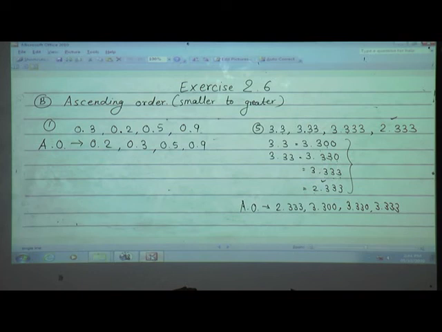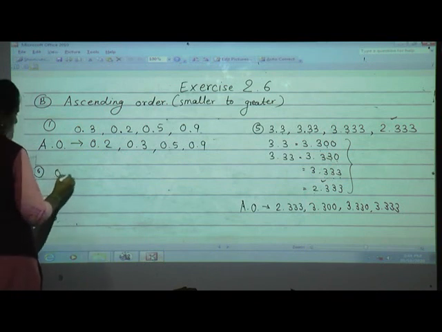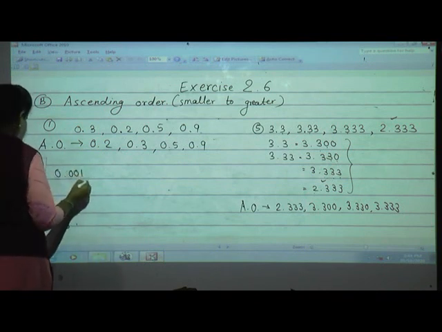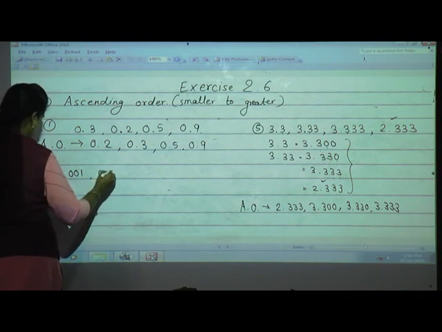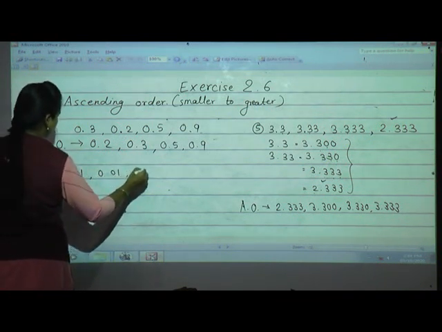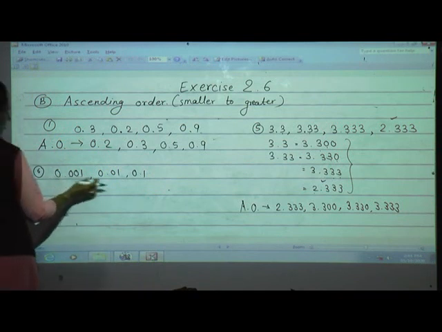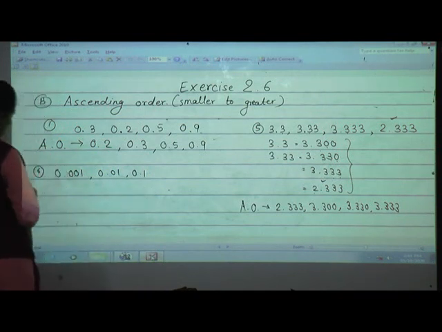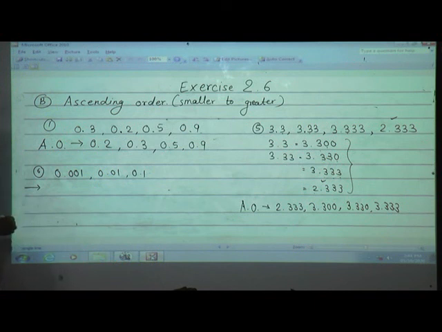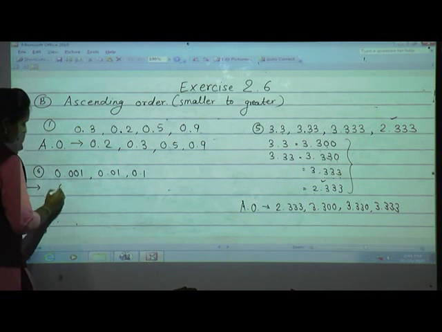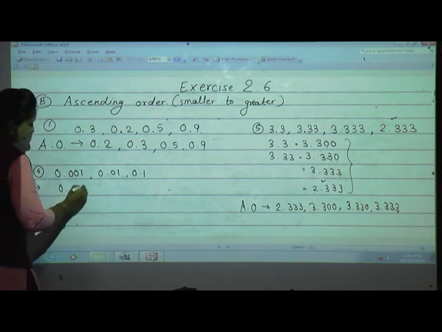Yes, very good. Now last, one more example I'll solve. The sixth one for you. What is the sixth one? 0.001, 0.01, 0.1. Now see, after the decimal 3 places, 2 places, 1 place. Now what I'll do, first we will convert into like decimals. The first will remain as it is.